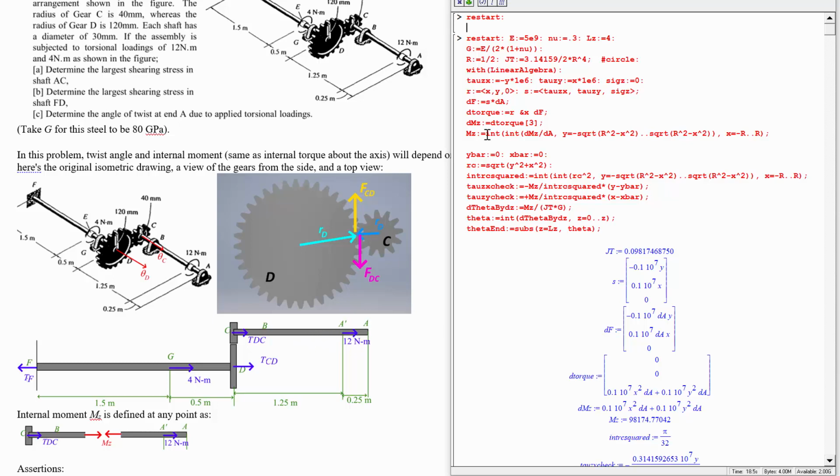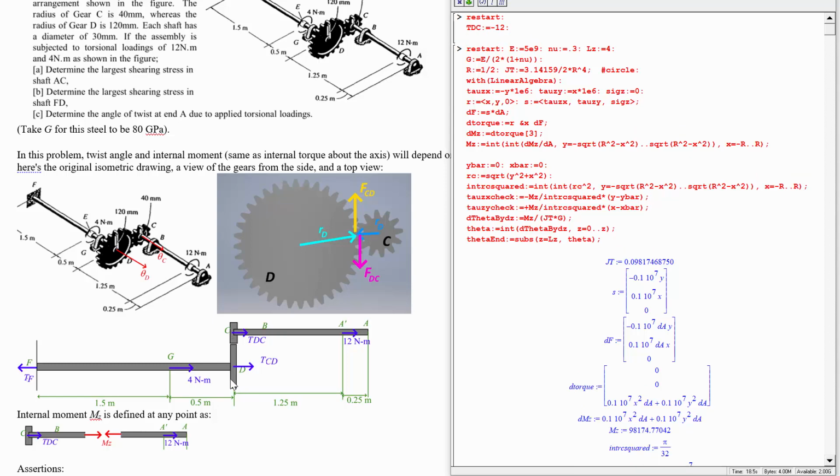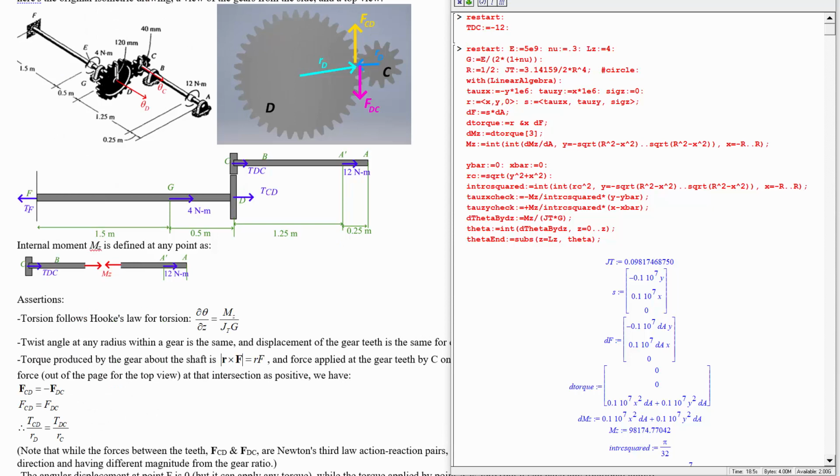The moment Z in here has to be 12 Newton meters, and that means that this torque, TDC, is equal to negative 12. Then that means TCD is equal to RD over RC times TDC.